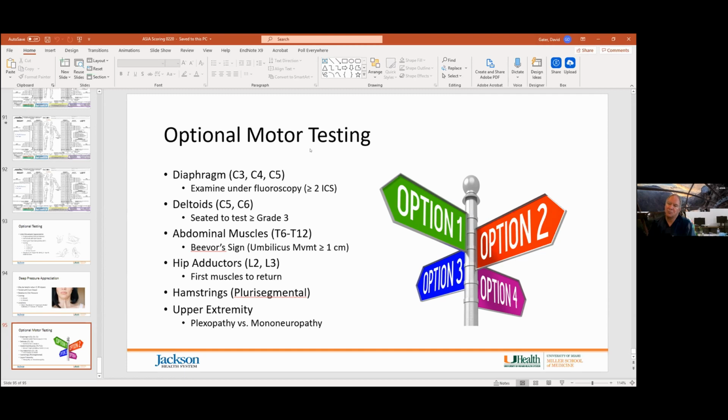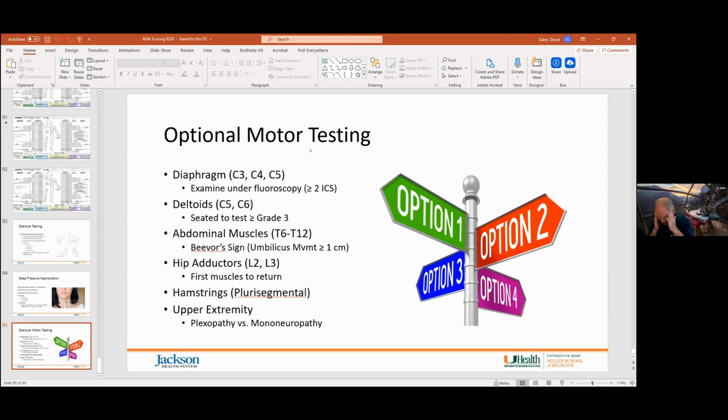So zone of partial preservation, yes, was a part of that. We're also trying to make a determination if we collect the data, will we know more about prognosis with light touch or with pinprick or motor function that hasn't always been captured the way that the ISNCSCI exam has been demonstrated previously. So that's the major reason for the updated guidelines.